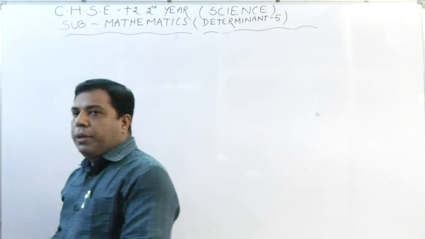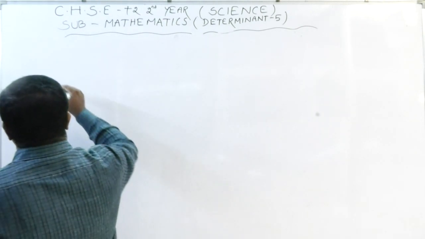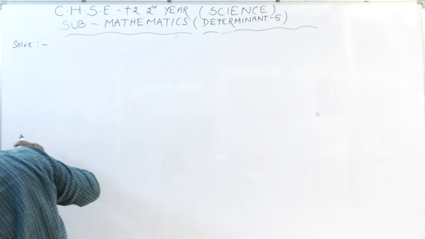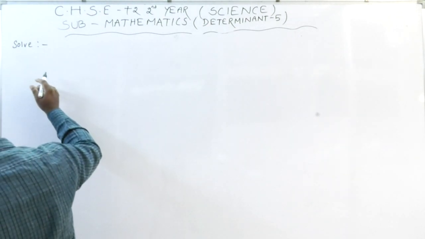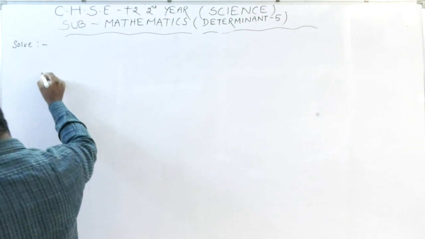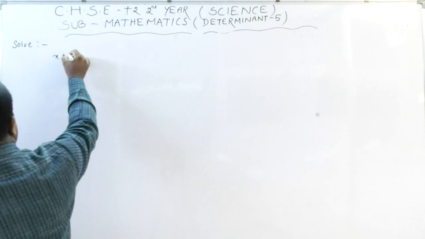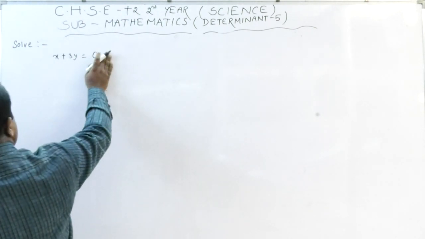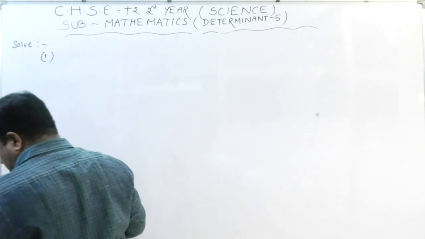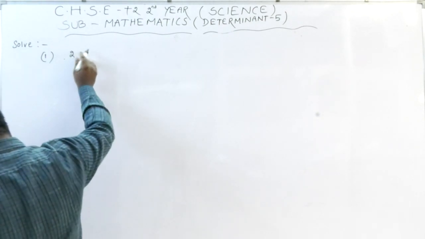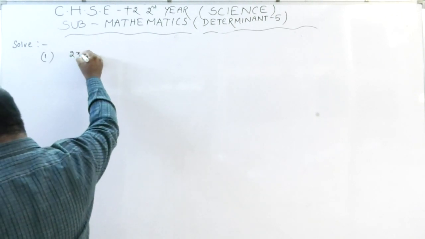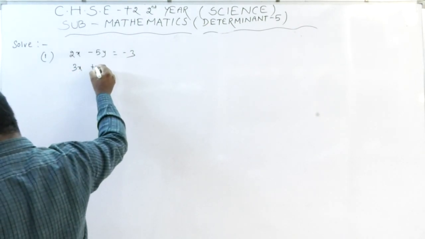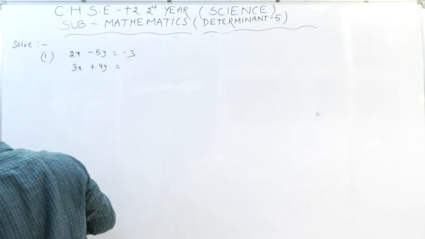So dear students, let us begin with some questions. Solve: x plus 3y equal to 0, and it is given as solve 2x minus 5y equal to minus 3 and 3x plus 4y equal to 7.